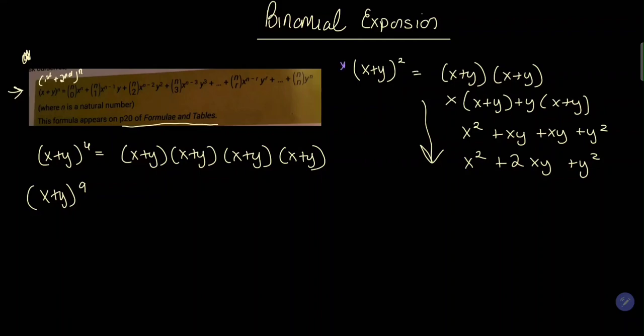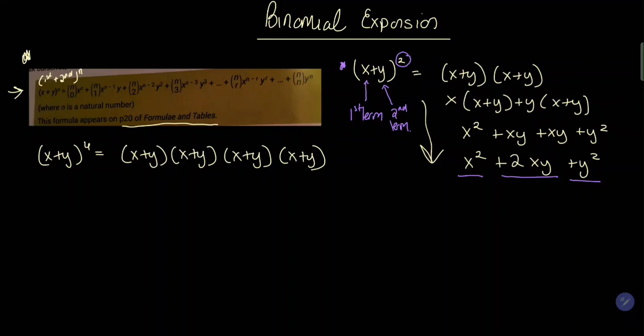So in this one here, x plus y all squared, we have the first term and we have the second term. So I want you to think of them like that, whatever's inside the bracket, first term and second term. Now if you notice, this is squared, and when it was squared we ended up with 3 terms.